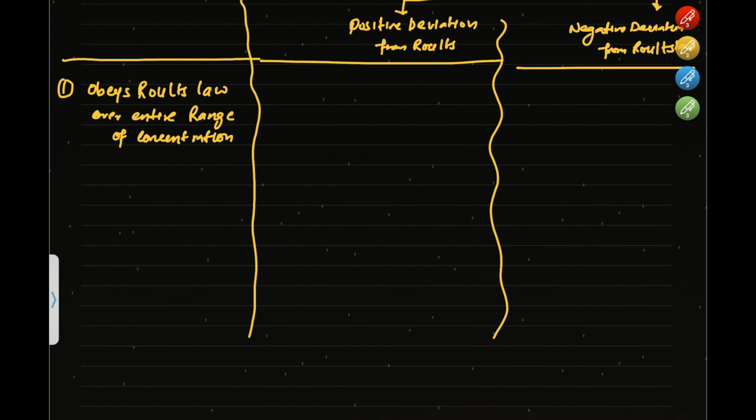This means the vapor pressure calculated from Raoult's law is equal to the vapor pressure observed experimentally.